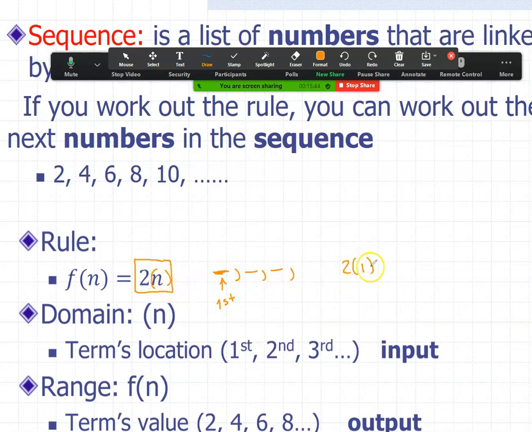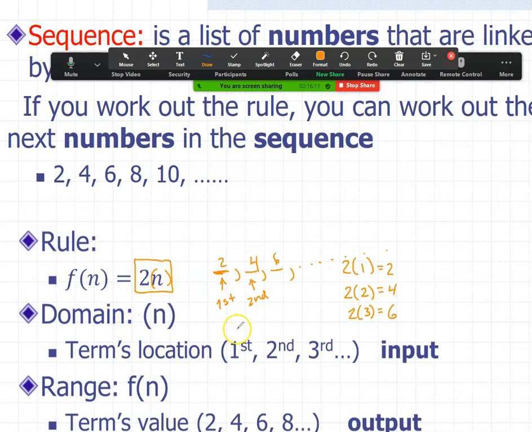You would multiply by 1, so this would look like 2 times 1 would be 2. If you want to find the second number in the list, you would plug in 2. That would be 4. And if you're trying to find the third number, you would plug in 3, so that would be 6. And you follow that pattern.